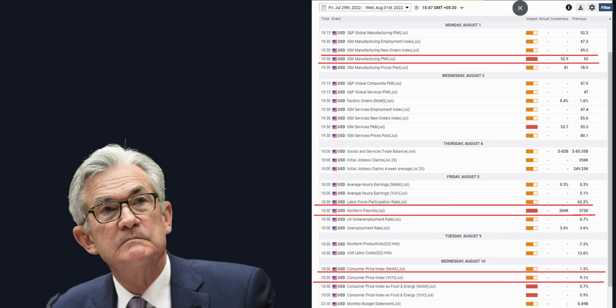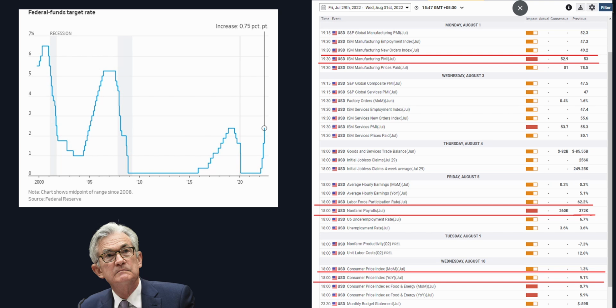And if you have watched the press conference of the Fed and you see this interest rate chart, then everything becomes clear. On this chart you can see interest rates are back where they were before coronavirus, and they have said clearly that they are at neutral level and they will slow the rate hike speed.